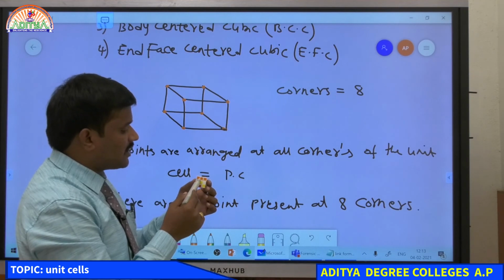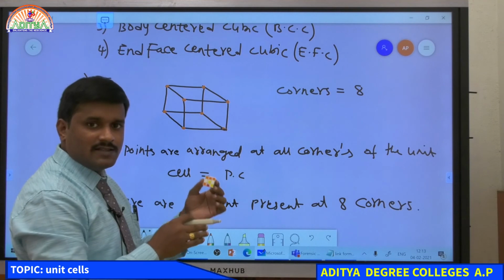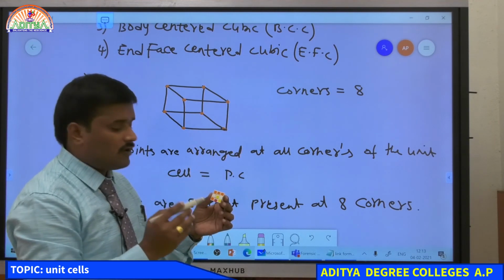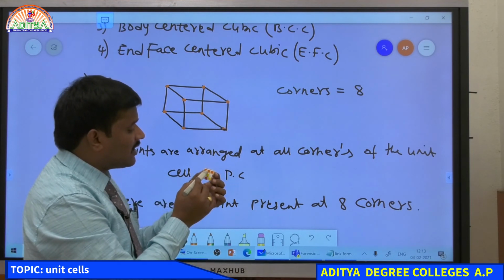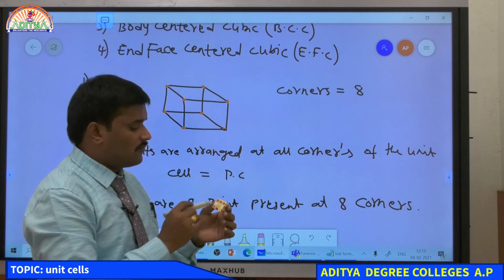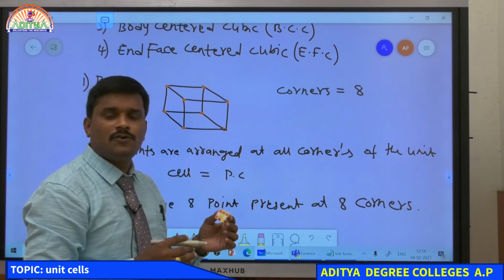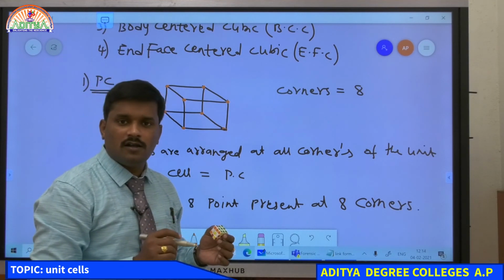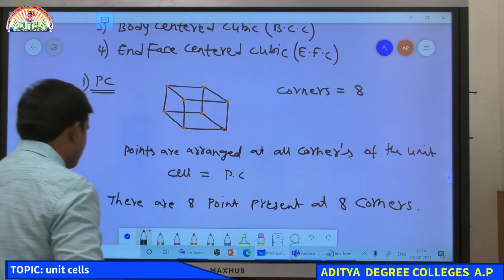This point is the contribution for these 4 unit cells, and again this is three-dimensional, so there is one more set of unit cells. Therefore, the point present at one corner is the contribution for 8 unit cells, 4 unit cells in one plane, and above the plane again 4 unit cells. Therefore, each point present at a corner is the contribution for 8 unit cells.